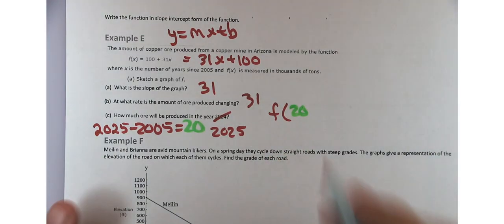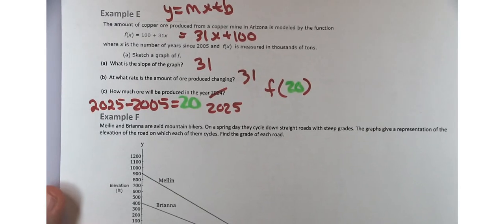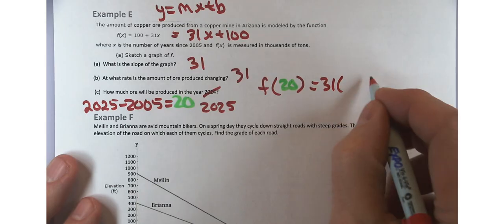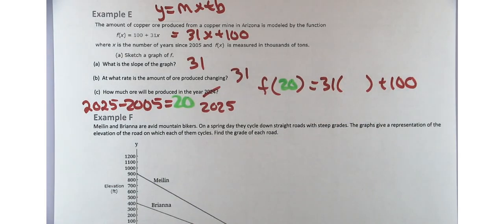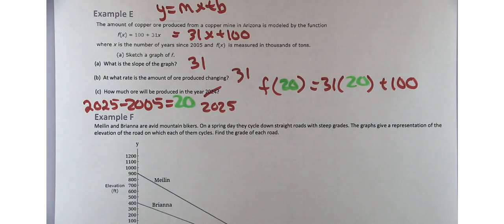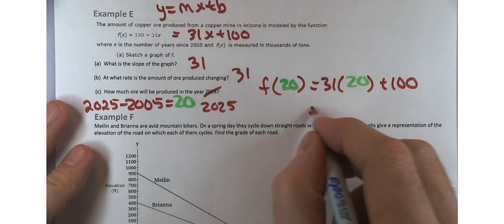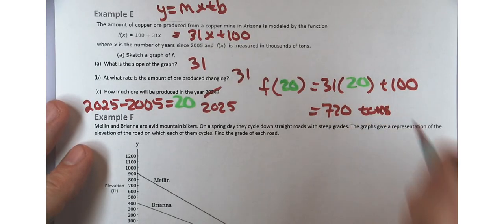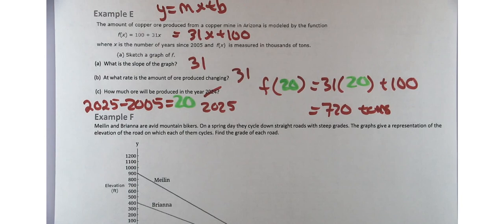And f of 20 is going to be 31 times 20 plus 100. I think this is going to be what, 720? Yeah. Thank you. So 720 tons. Nice. There you go.